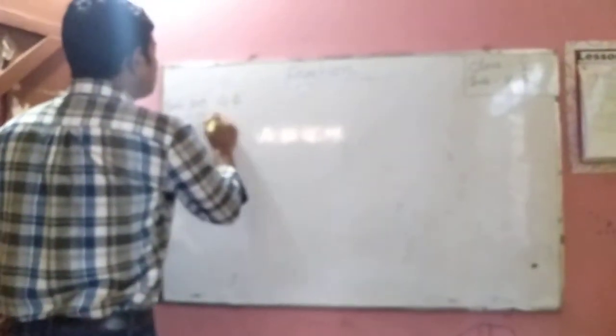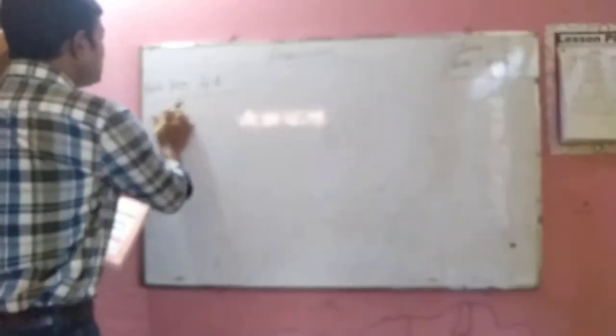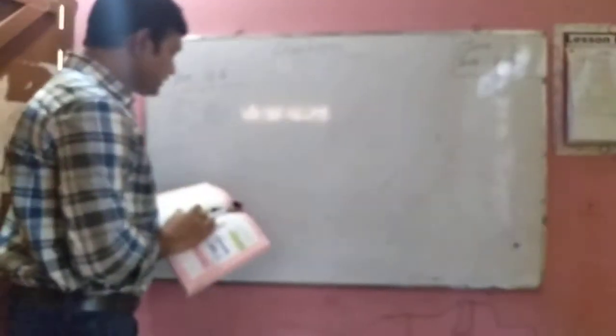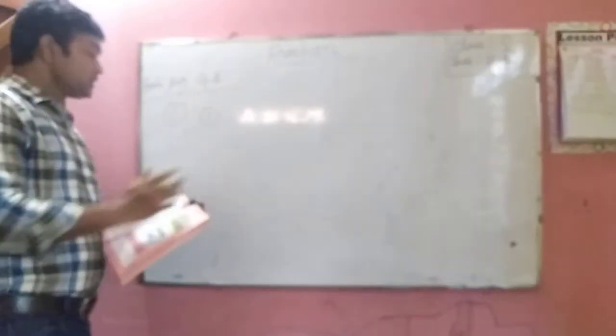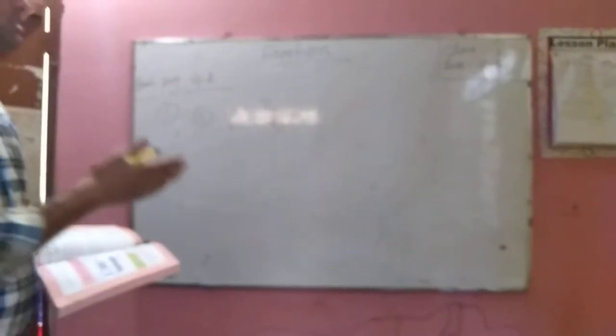Book page 44. Number 1. First of all, you can see we change into improper fraction: 2 into 2 by 3. You know what it is? What kind of fraction is it? Mixed fraction. So we have to convert it into an improper fraction.